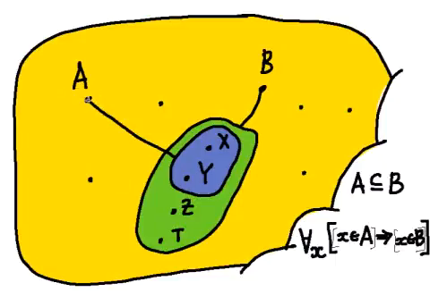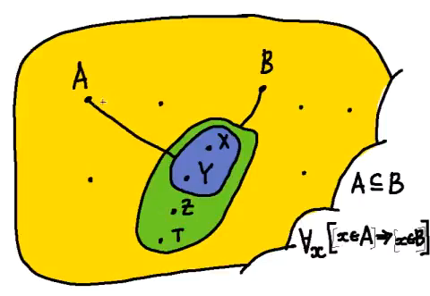So if we take small x to be A, right, is it true that x being an element of A implies x being an element of B? Well, A is not an element of A. A only has two elements, x and y. None of them are A. So the premise in the implication is false. And as we know, a false premise doesn't imply anything. So the implication is valid just because the premise is false.